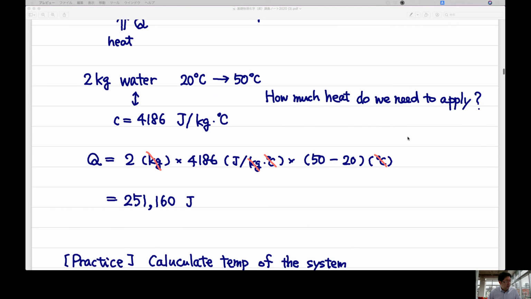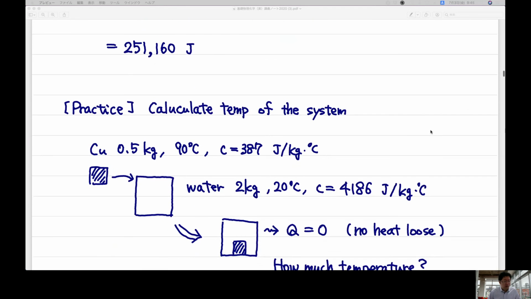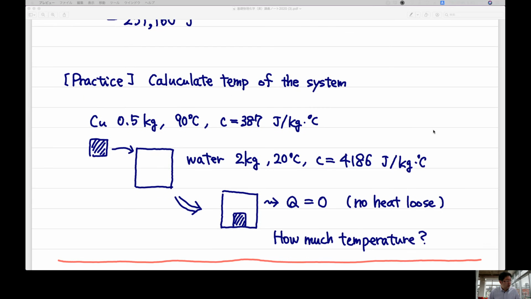This is the assignment today, so you will submit the answer of this practice to me via Moodle, okay?